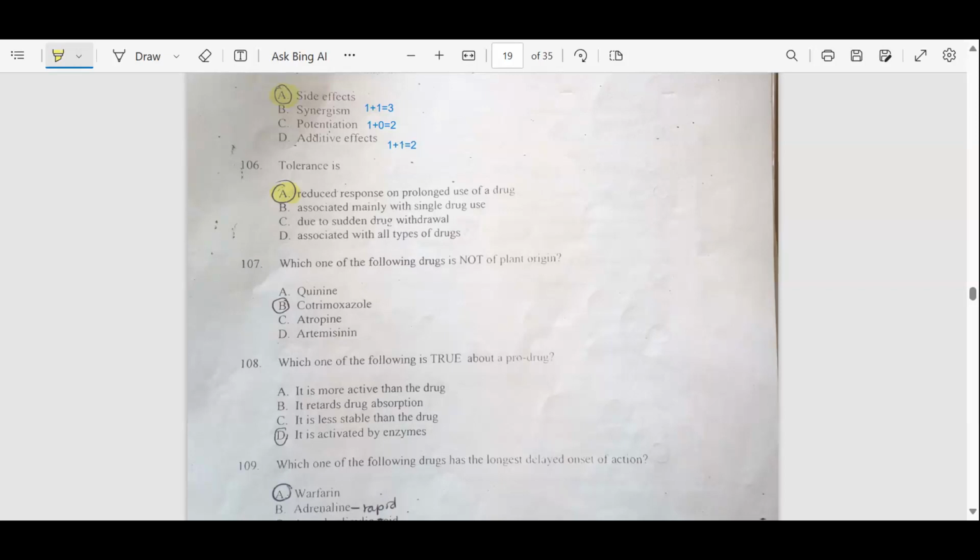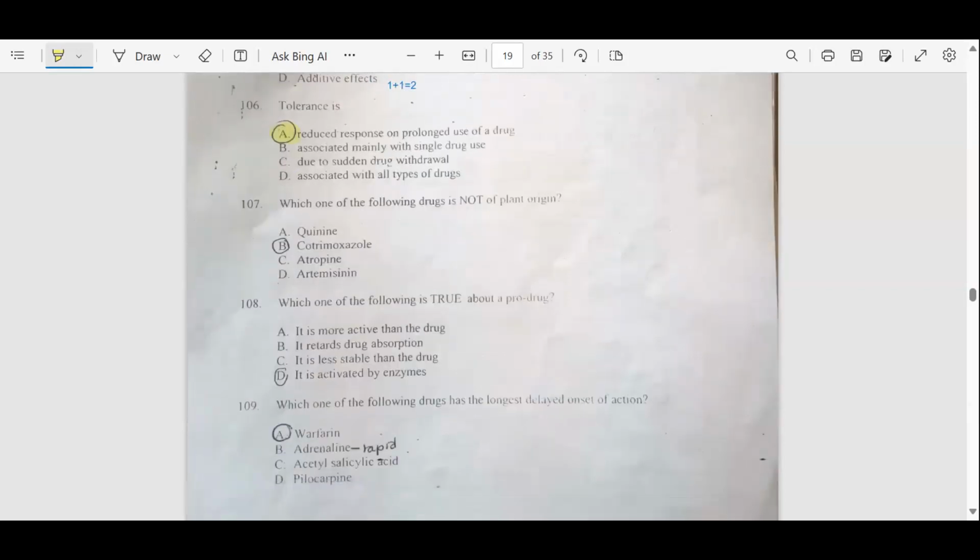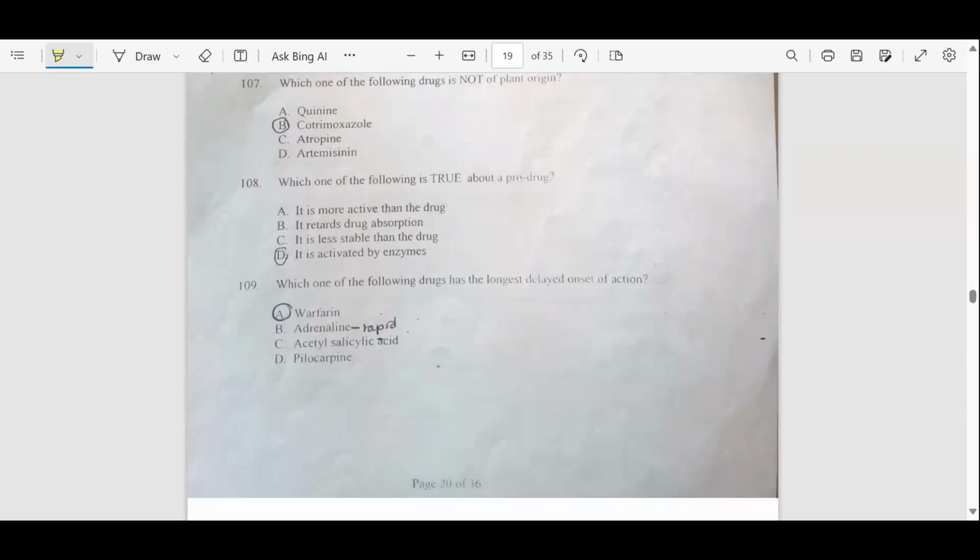Number 107, which one of the following drugs is not of plant origin? We have quinine, cotrimoxazole, atropine, and artemisinin. So that one is cotrimoxazole.